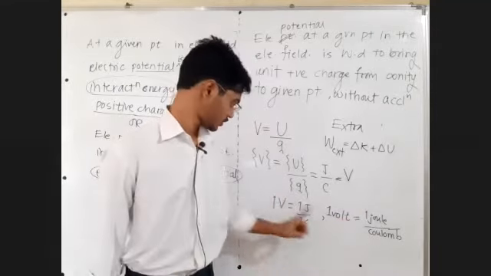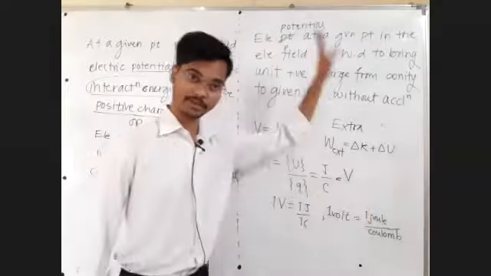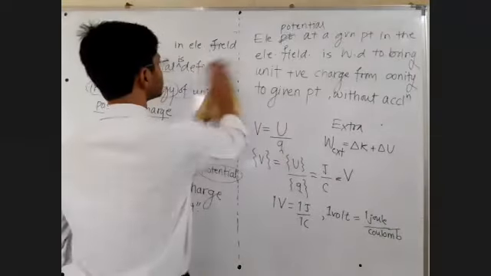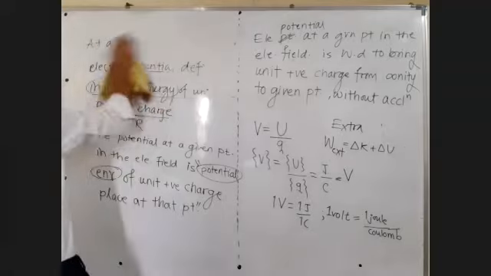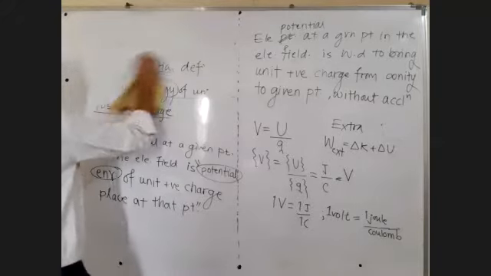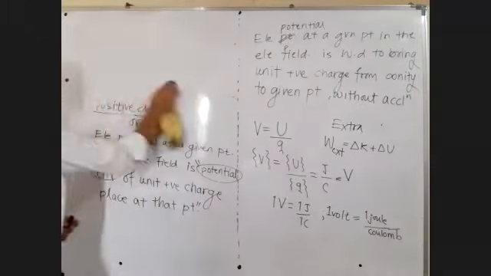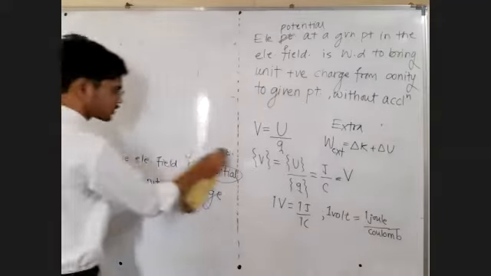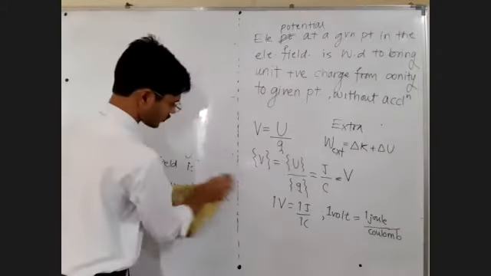I want volt in terms of fundamental units. Do it. That will revise unit dimension automatically. Whenever you learn a new physical quantity, try to find out its unit in terms of fundamental units.